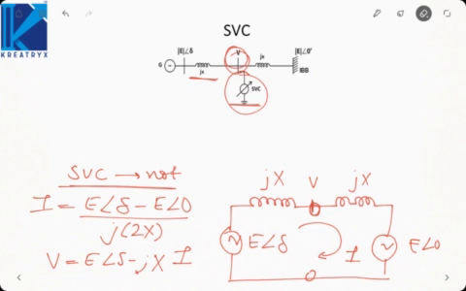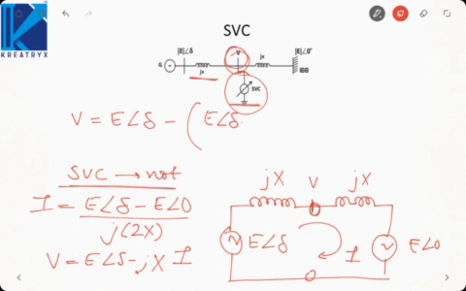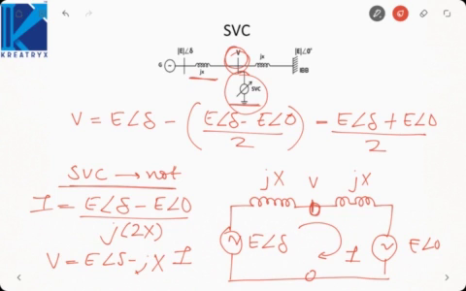If we multiply I by jX, the voltage will be E angle delta minus (E angle delta minus E angle 0) by 2. So it will be (E angle delta plus E angle 0) by 2.